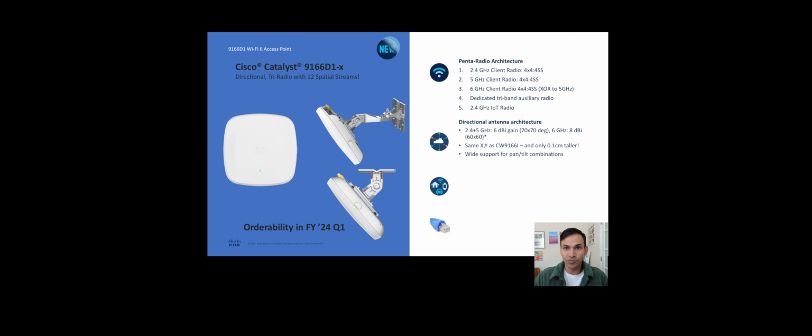For radios, we have 2.4, 5, and 6, all of them 4x4. The third radio can be operated in XOR mode, meaning it can be used in 5 gigahertz or 6 gigahertz. And yes, we have an auxiliary radio and an IoT radio as well, which is a scanning radio.